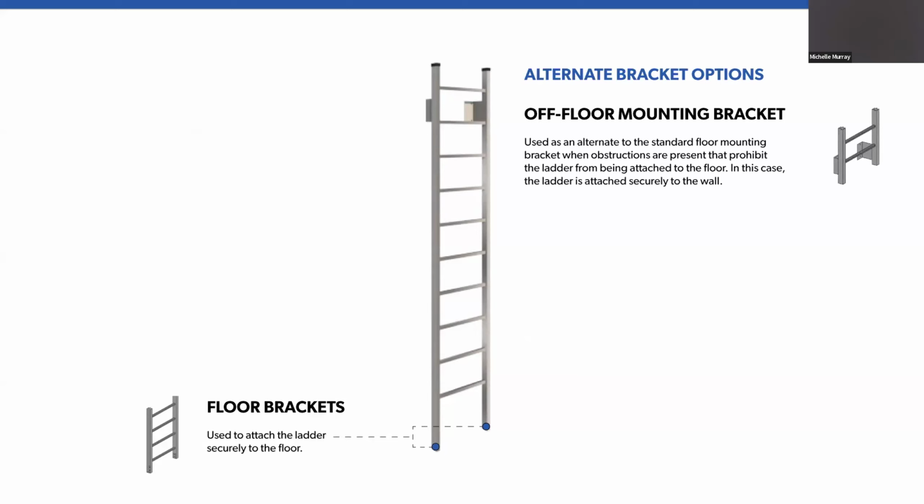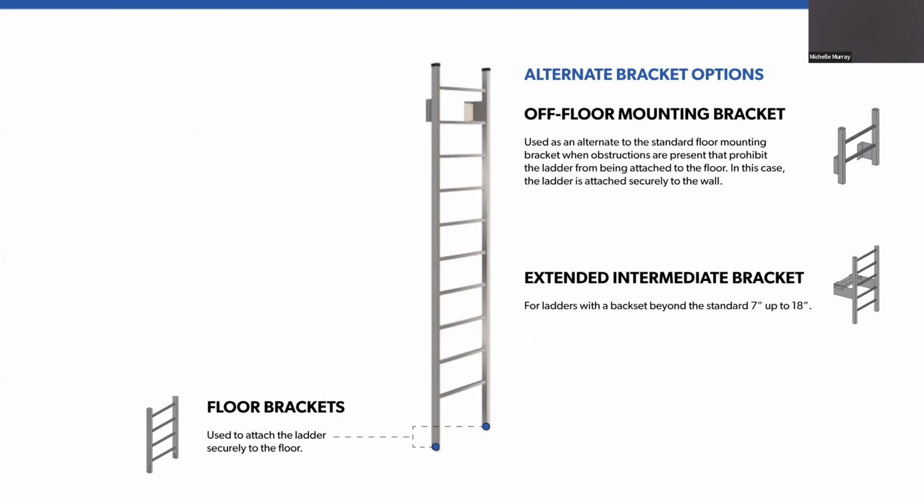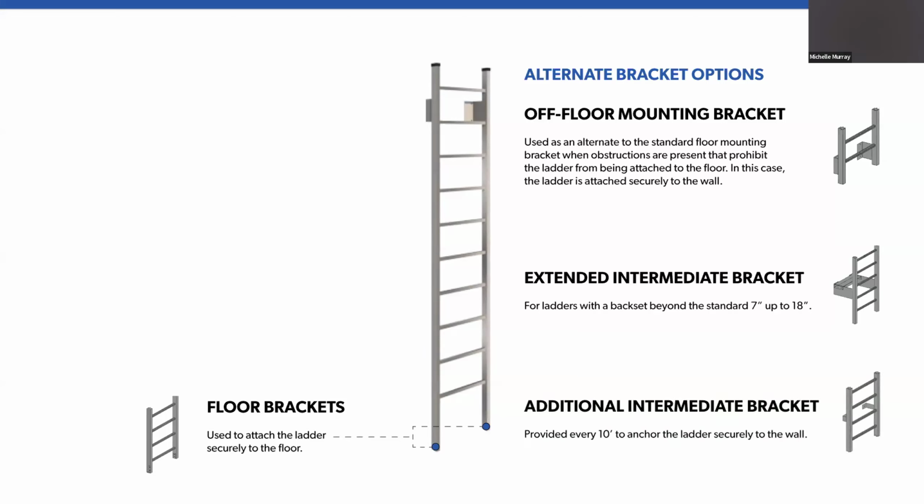In this case, the ladder is attached securely to the wall. An extended intermediate bracket would be a bracket for a backset beyond the standard 7 inches. Additional intermediate brackets are provided every 10 feet to anchor the ladder securely to the wall.